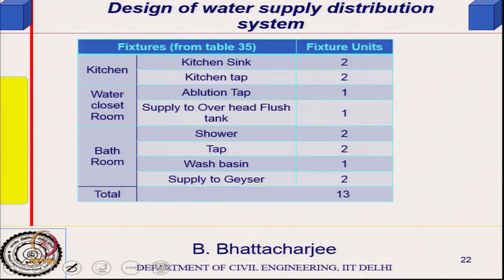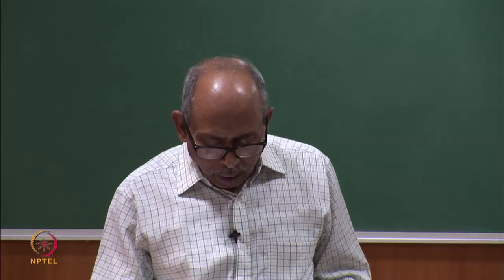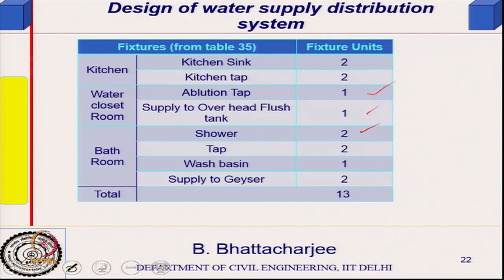And this is what is taken from the table. Kitchen sink is given fixture unit equal to 2, to give you a feel. Ablution tap is taken as the least, which is 1. Supply of the overhead flush tank is taken slow. Shower 2, wash basin is taken as 1, the minimum.